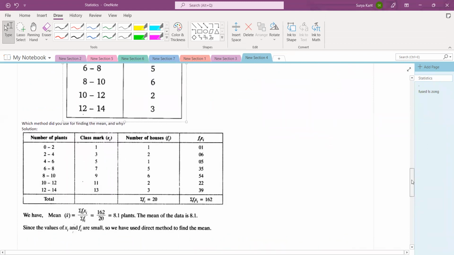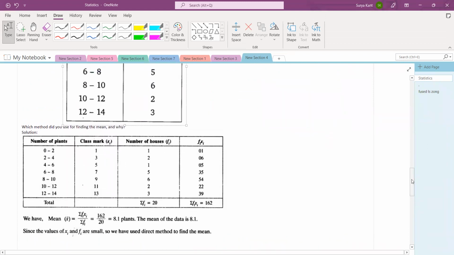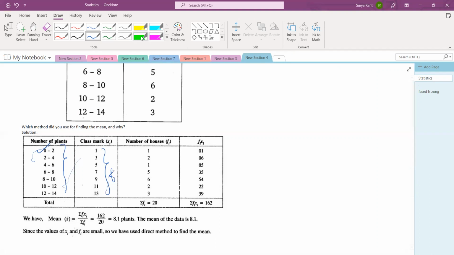This is the question we have learned. Here the time interval is given: 0 to 2, 2 to 4, 4 to 6, 6 to 8, 8 to 10. These are all the class intervals. This is the frequency, the number of houses.